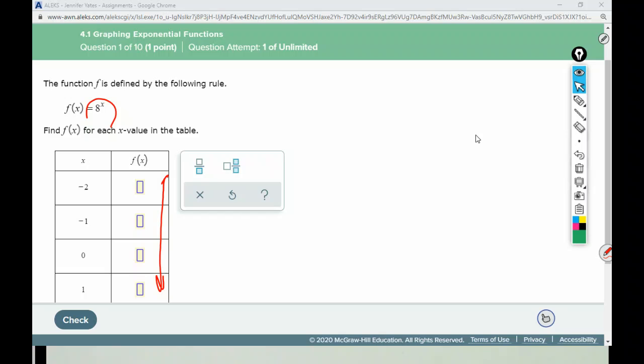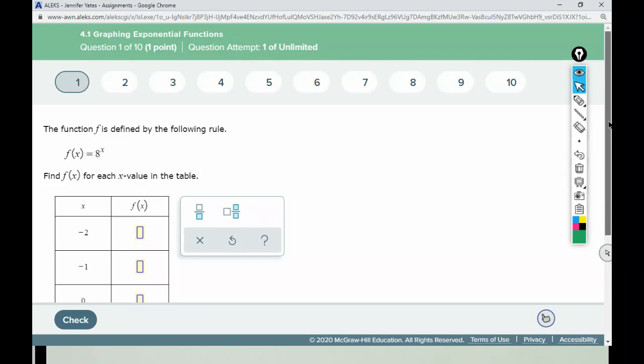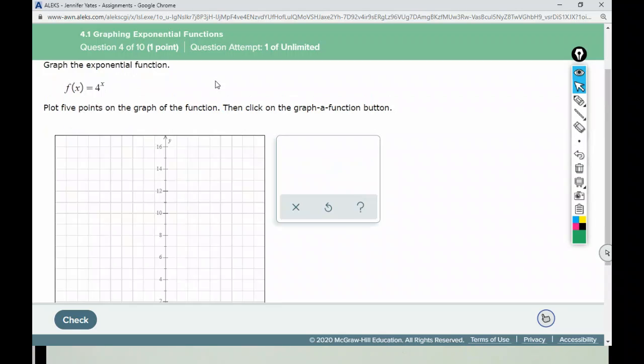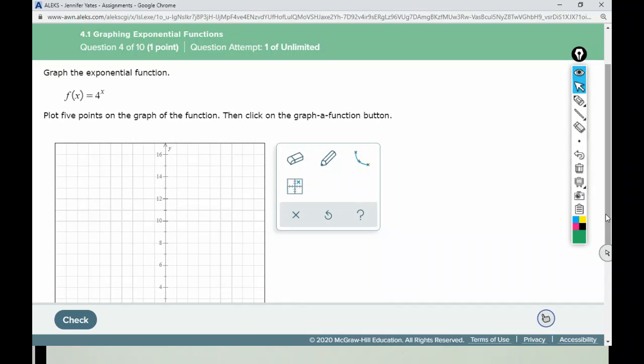If that's a problem for you, let me know. So these first couple, all it wants is fill in the table. Bam, done. Okay, graph. So we've got to create our own table here, and it wants how many points?